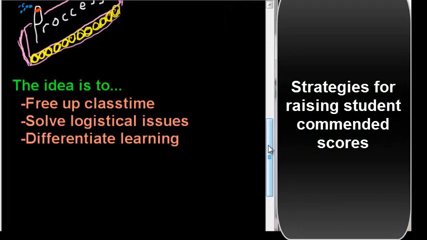Also, with differentiating with learning, students that process information super quick, with the flipped model, if they're getting instruction provided to them at home and they get to class and they finish their assignment quicker than the student who processes information slowly, here's the key.